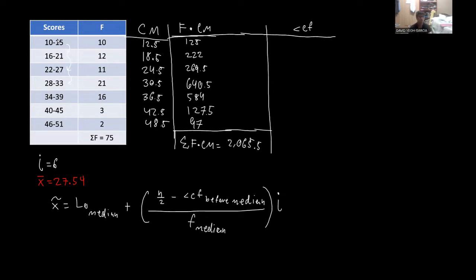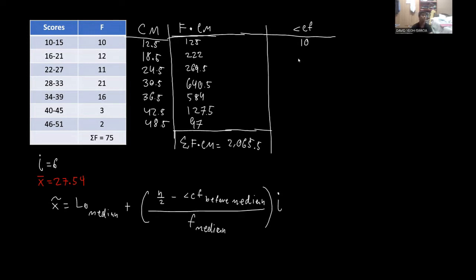So we're going to start from 10 to 15, because this class interval has the lowest values. Therefore, we start with its frequency, which is 10.